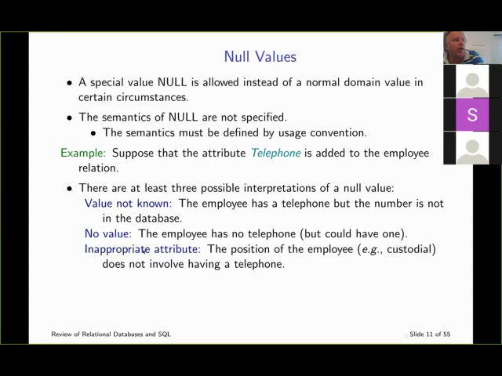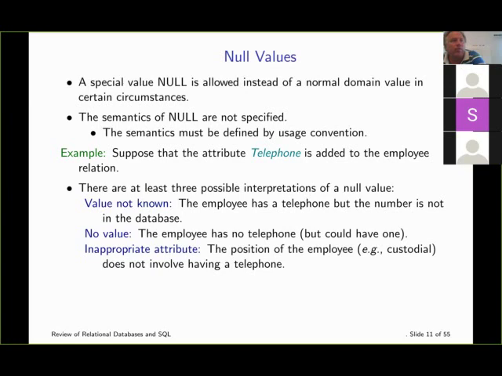Another one might be an inappropriate attribute. We usually get this when we start having hierarchies, but it might be saying that by definition of their role, or by definition of that particular tuple, it doesn't apply.